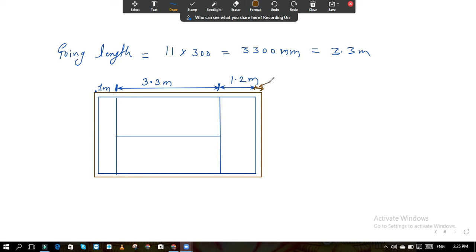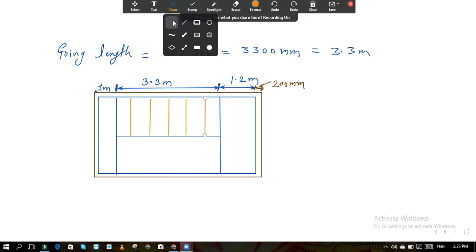Width of support is 200 mm. Now if you draw the staircase, these are your treads. I am drawing it here randomly. For a single flight only I will draw. For the next flight you can imagine how it will be. Okay. So this is the overall total, and the approach slab will be here up to this point.